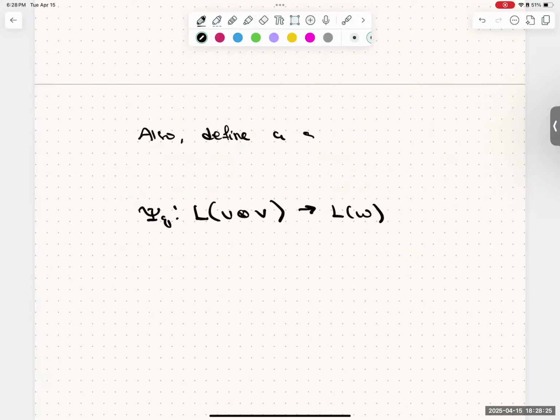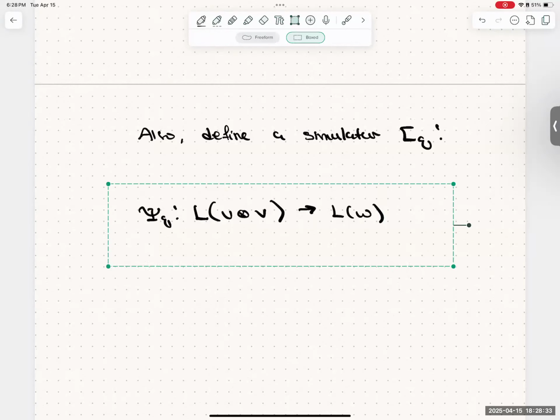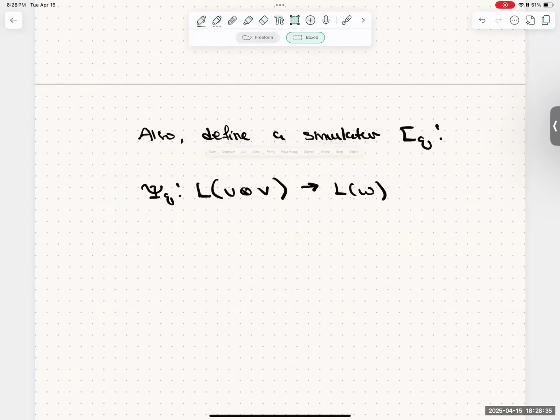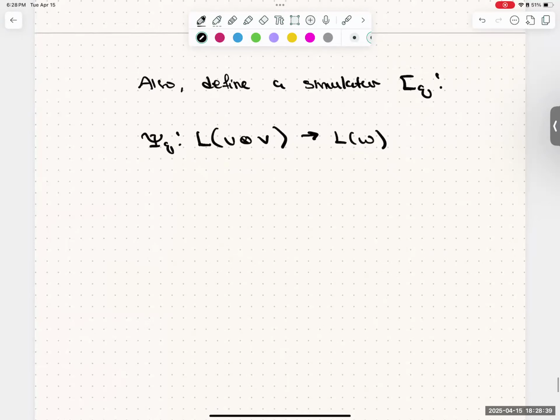Define a simulator, sigma q, which I'll explain in a second. You have this map such that rho in gets mapped to this simulator acting on the partial trace. This is supposed to be U. So you trace out the client.